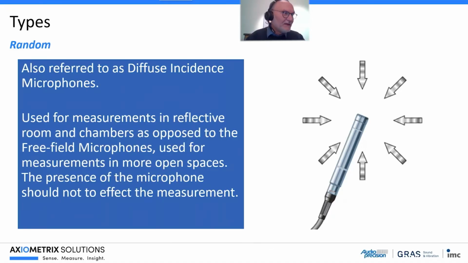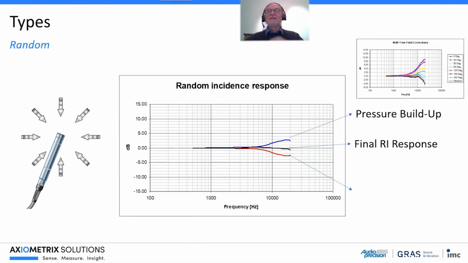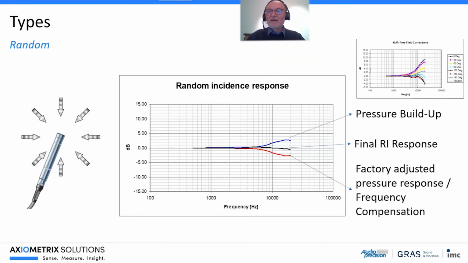If you have many sources in a location, then you could use a random incidence microphone. It's easier. The random incidence microphone is produced in exactly the same way as a free-field microphone. So we have the pressure buildup in front of the microphone, we have the final random incidence response, and then we have how we adjusted the pressure response at the factory.